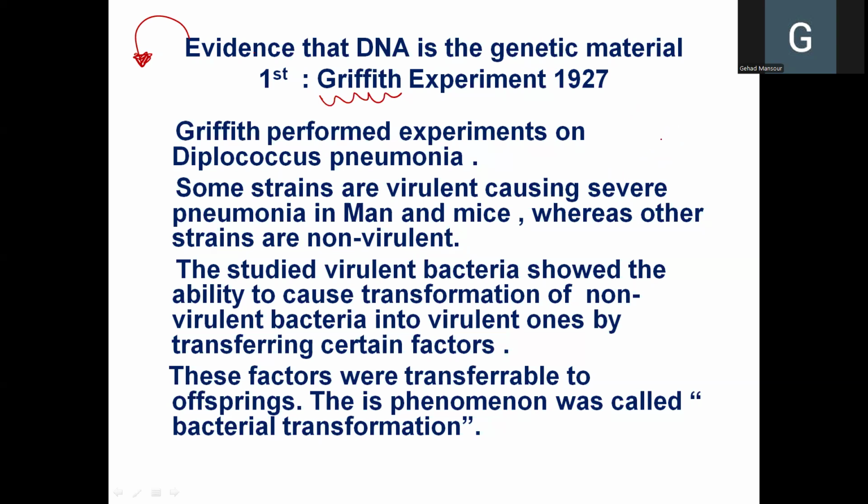This title applies to all the experiments that will be displayed on the coming slides. So we are talking about the history of the discovery that DNA is the genetic material. The Griffith experiment was the first step, but it was not the final experiment that proved that DNA is the genetic material. So what did the Griffith experiment prove?